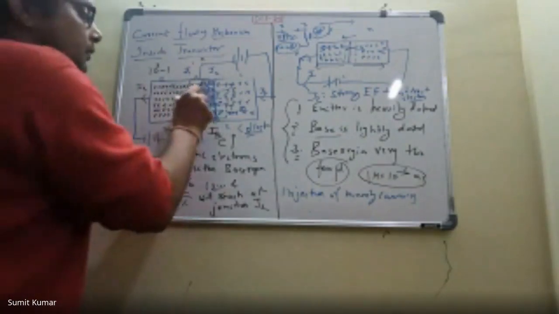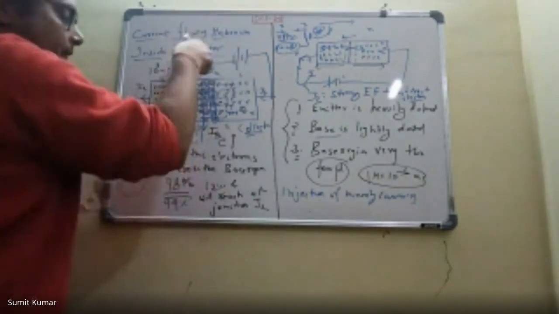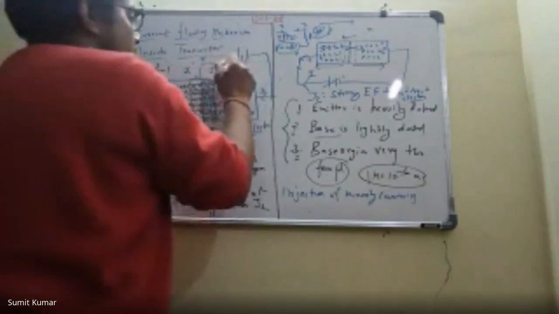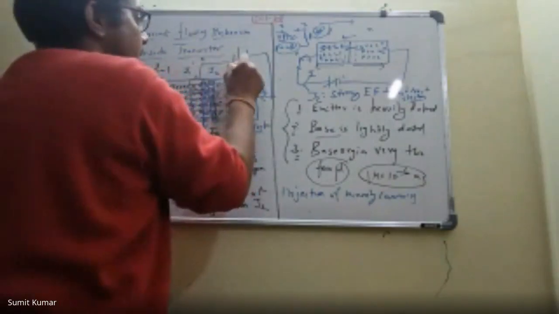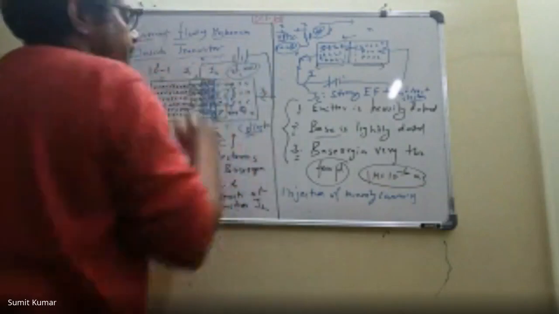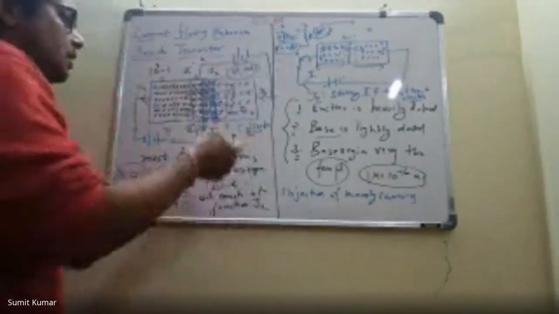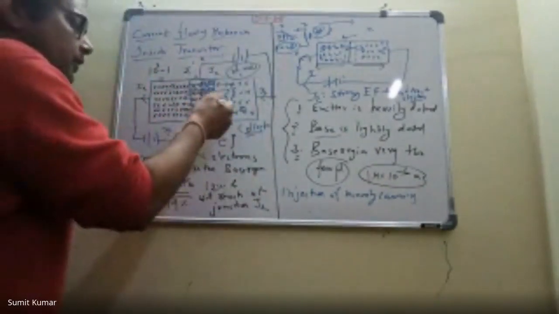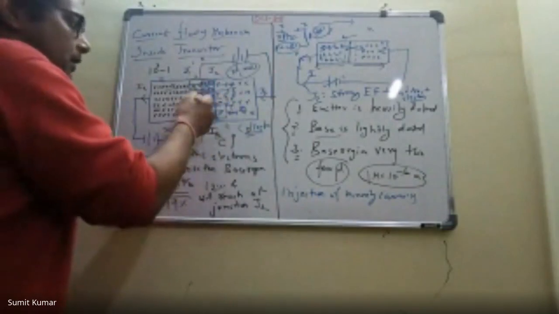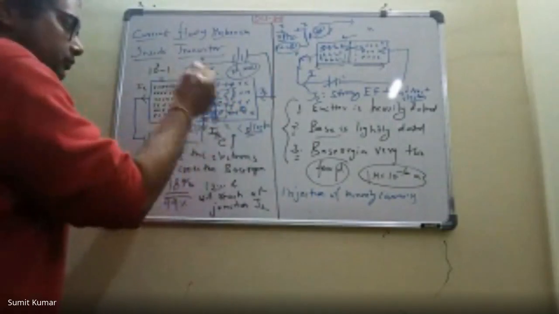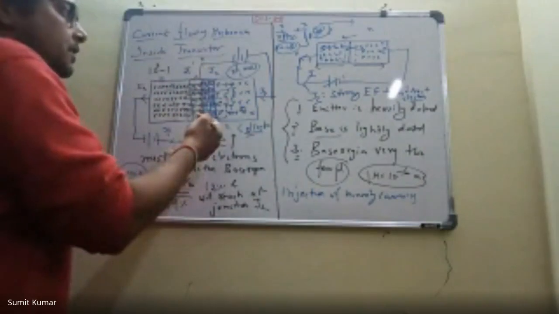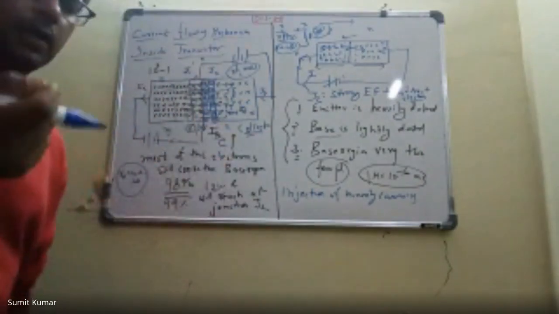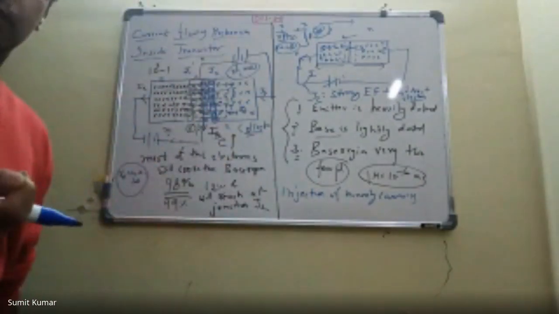And this region where we have applied the reverse biasing, the resistance will be on the order of mega ohms or kilo ohms, because whenever we apply reverse bias in a PN junction, the resistance is very high and only a very small leakage current flows.